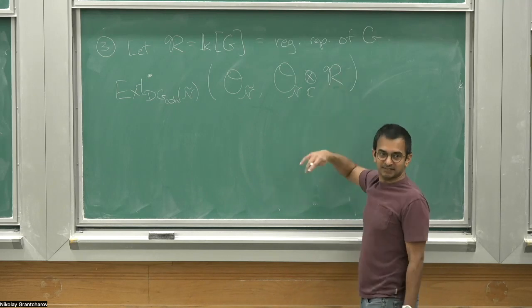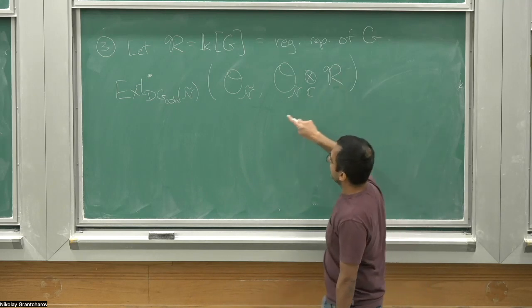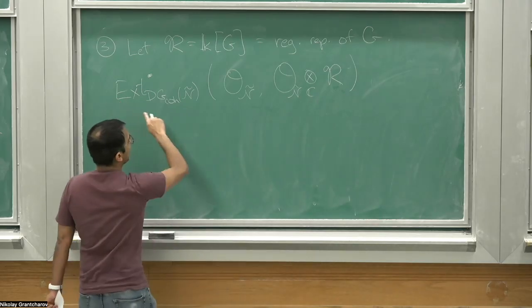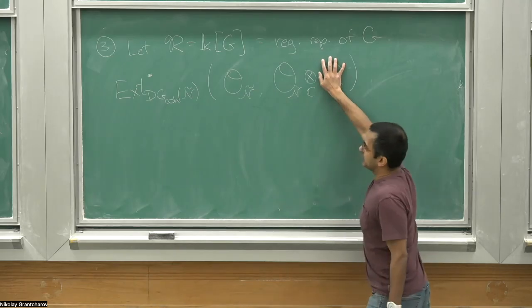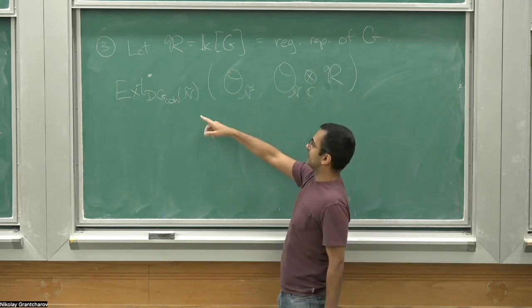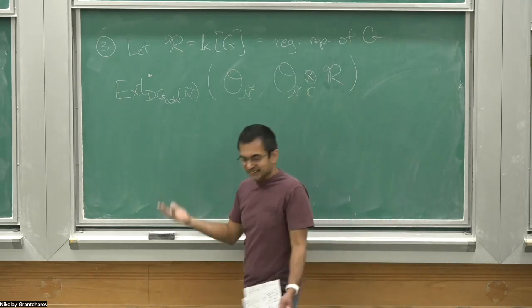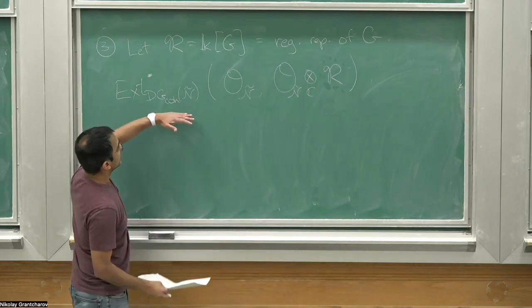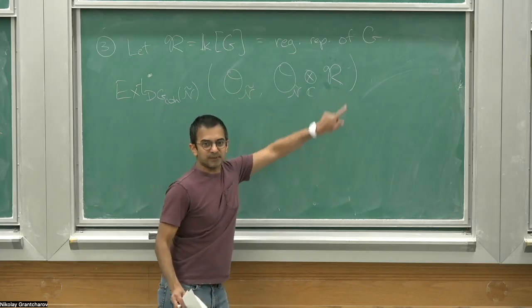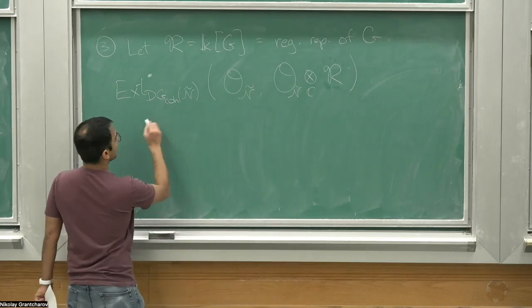It's not just a representation, it's also a ring. And so when I write this thing down, if I didn't have this R here, it's an Ext algebra, so it has some ring structure anyway. There's a slightly more involved ring structure on this that involves the multiplication on R as well.